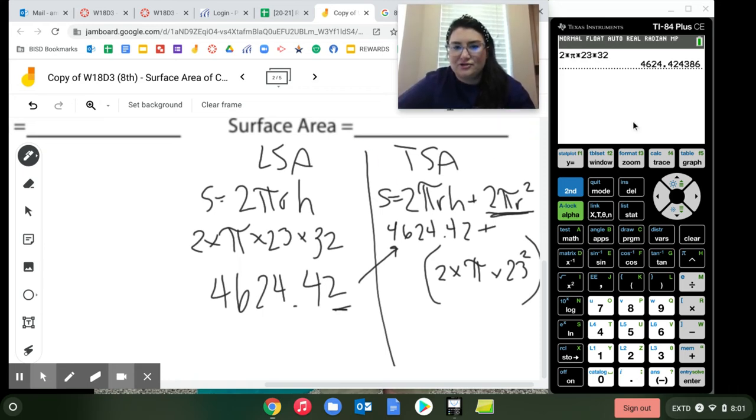Now I'm going to teach you a little shortcut in the calculator. We already have an answer up here. I could type it out all again, or one thing that you can start using is, if you have an answer and you want to use it in the next thing that you're making, just put the next symbol. So I already have my answer and I want to do plus.